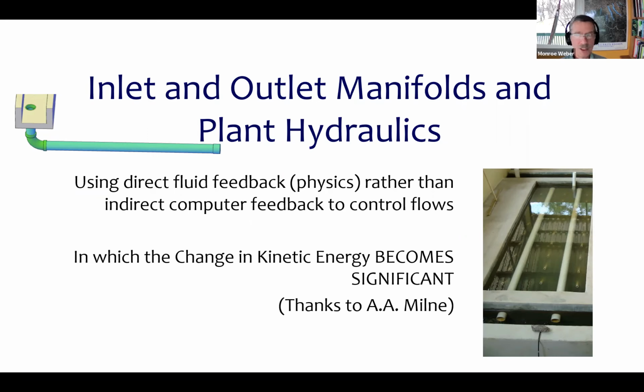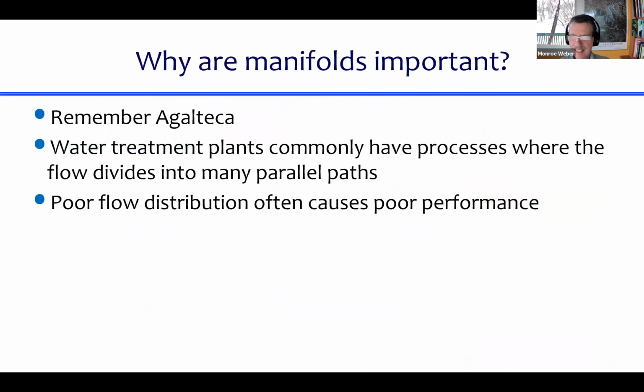There's at least some good guidance there. And oh goodness, and we end with the point at which change in kinetic energy becomes significant. Thanks to the writer of Winnie the Pooh, because kinetic energy shows up in a surprising way in this problem, and hopefully we'll enter that today.